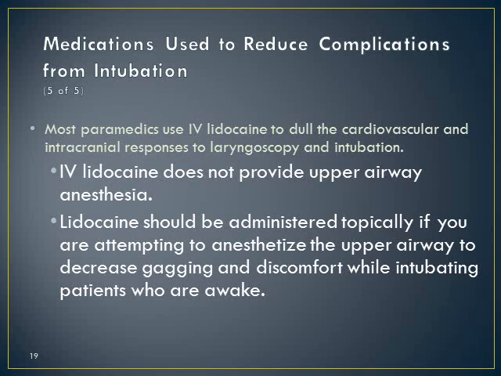So IV lidocaine is going to be your pre-treatment agent here. What IV lidocaine will do is dull the cardiovascular and intracranial response to laryngoscopy and intubation. It does not provide upper airway anesthetic though when we give it IV.